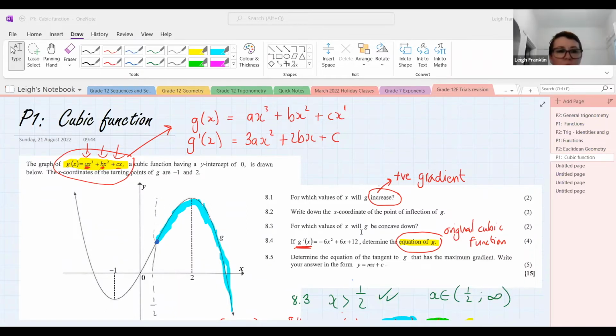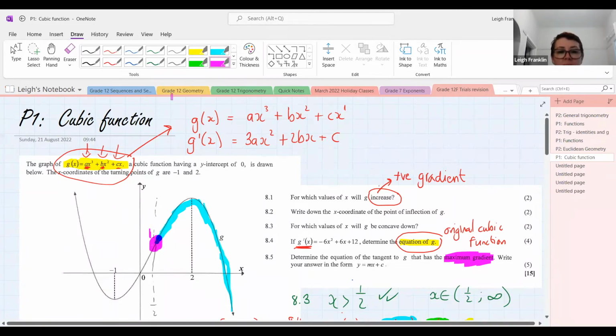Okay, so does anybody know? Not at the turning point. At the turning point, the derivative is 0. So the gradient would be 0. So the maximum gradient is at the point of inflection. So that's where the gradient will be at a maximum.